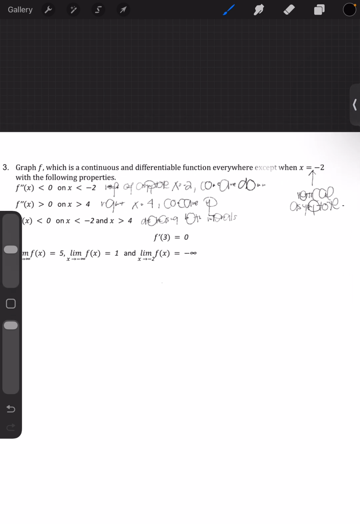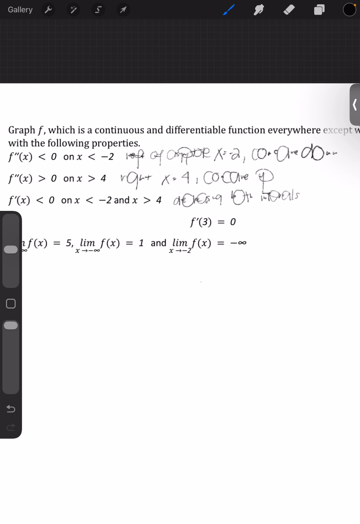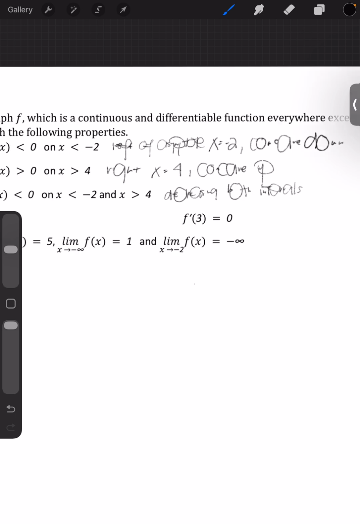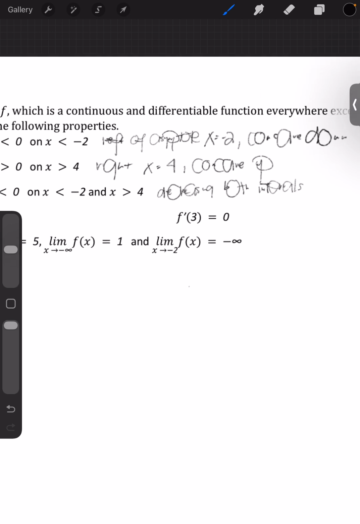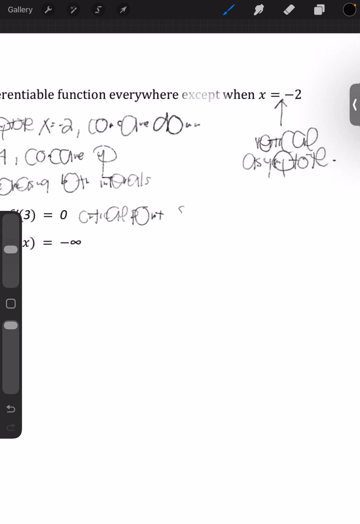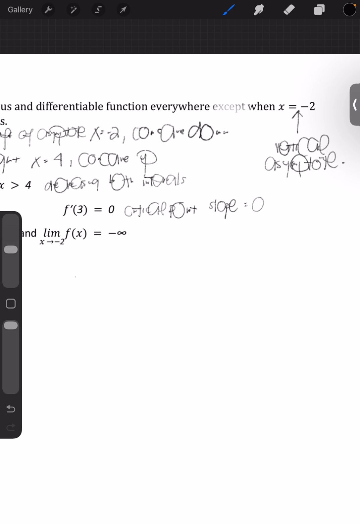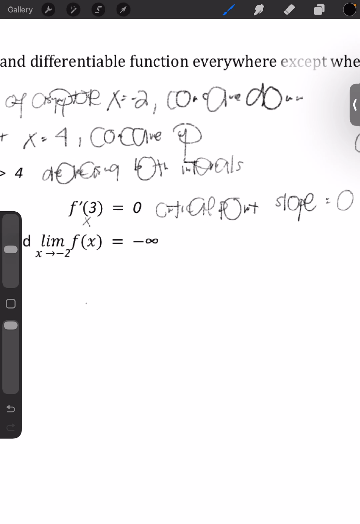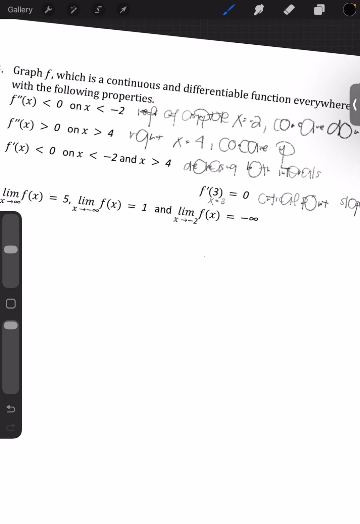And that's what we can keep in mind when we're graphing. The first derivative at x equals 3 is going to be 0. This means that this is a critical point, and it means that our slope here will be equal to 0 somewhere on the y-axis for x equal to 3.